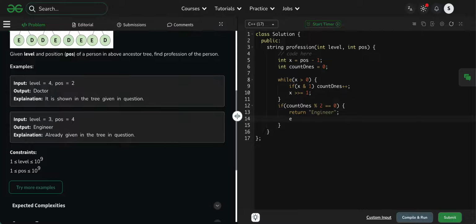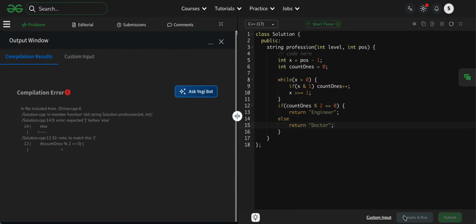Else return doctor. Now got it? Now try to run it and just see, count once.